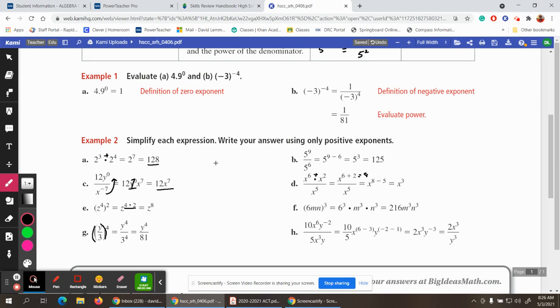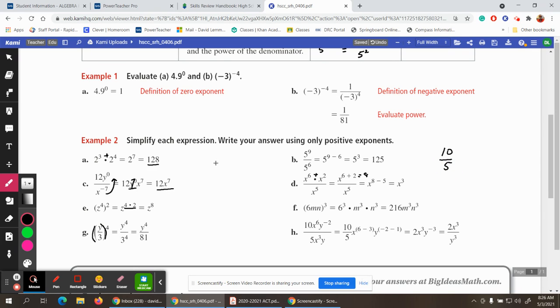Everything gets the 3, right? Everything here for f, everything gets the 3. So you have 6 to the third, m to the third, n to the third, 216. 6 to the third is 216, m third, n third. This is all multiple steps, right? You can go ahead and just work it out. You don't have to flip it all out. You can say, all right, so this is 10 over 5, right?